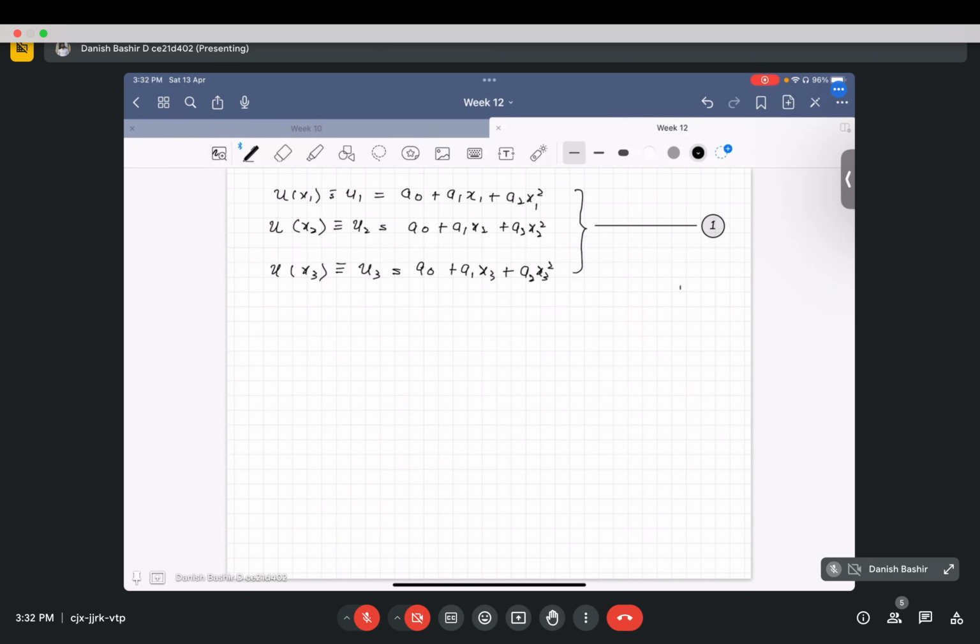So the solution of system of equation 1, if I solve it for a0, a1 and a2, I will easily get the value of a0 to be equal to 1 by c. I will tell you what is the value of c later on. It's a large expression.